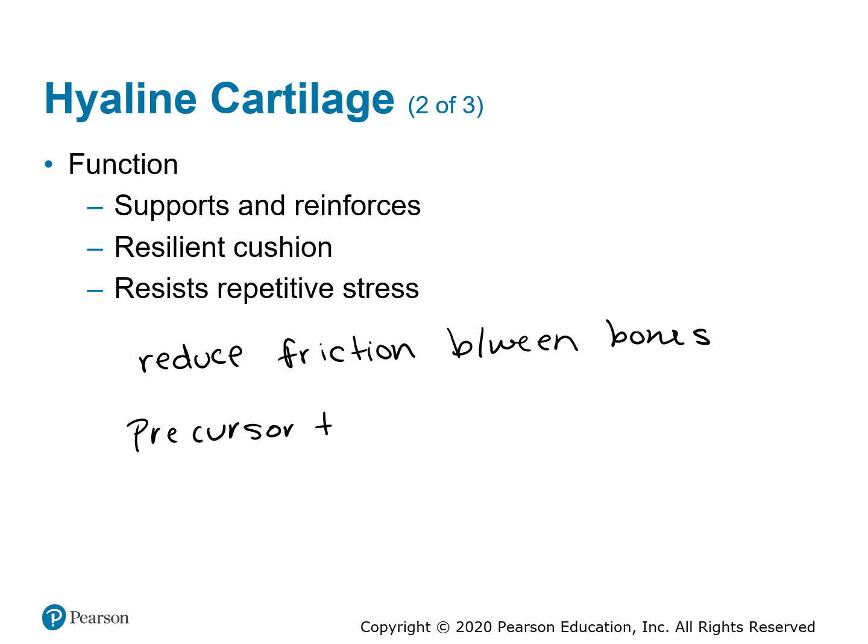Because we know that a fetus's bones form, but they're not all hardened skeletal bone right out of the womb. So their precursor is that hyaline cartilage. Okay? So they do a lot of structural support, they reduce a lot of friction, and they resist a lot of repetitive stress.